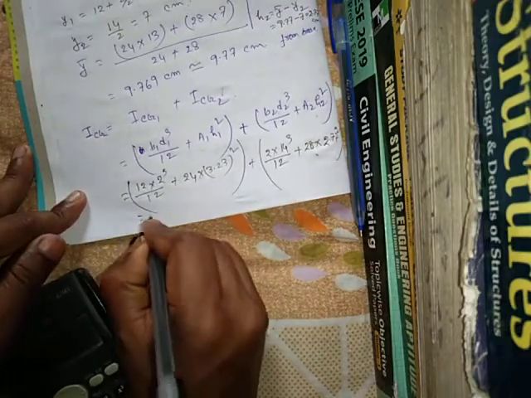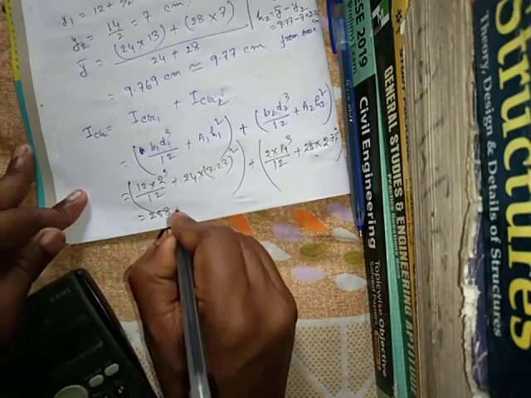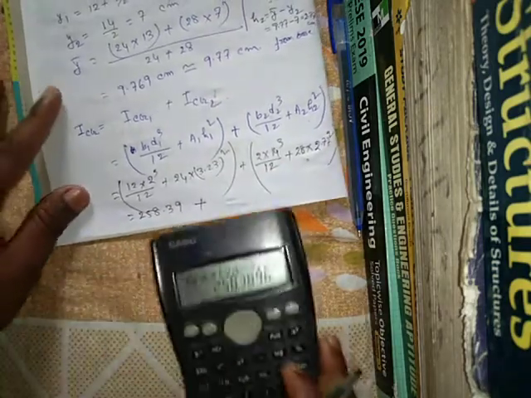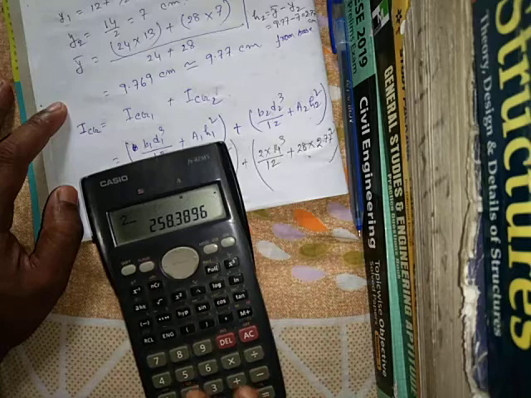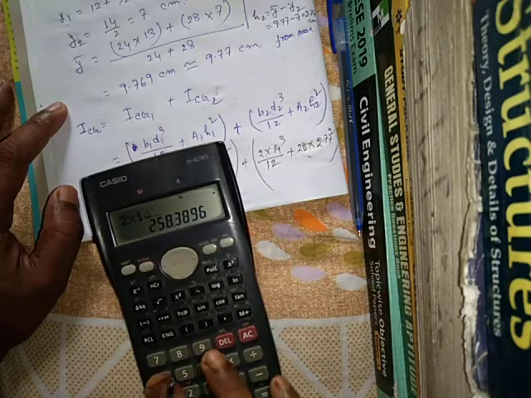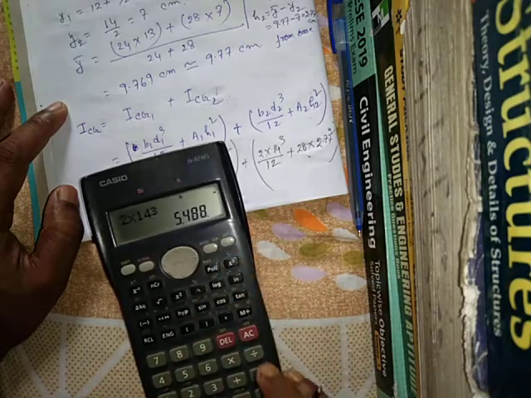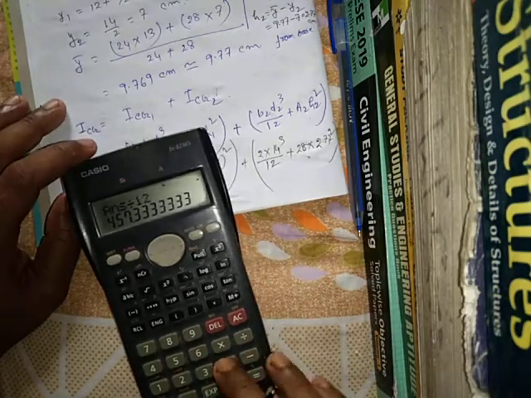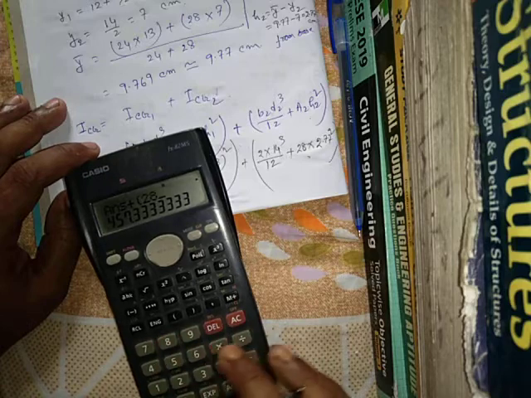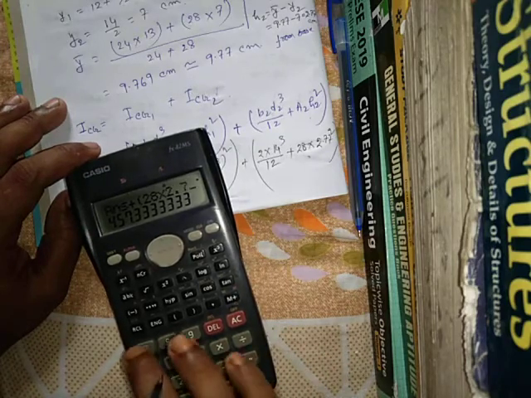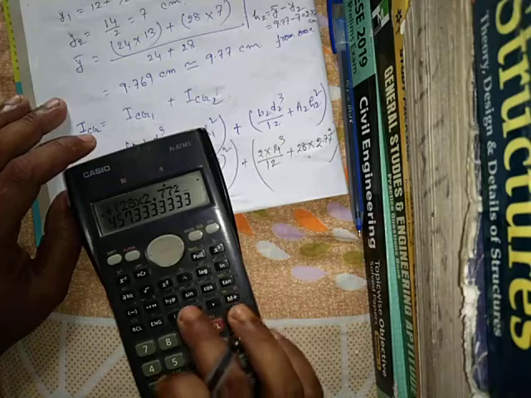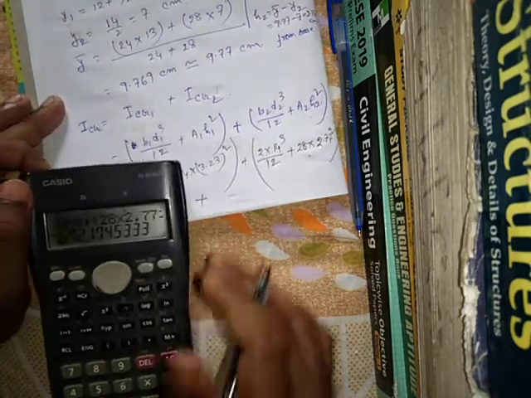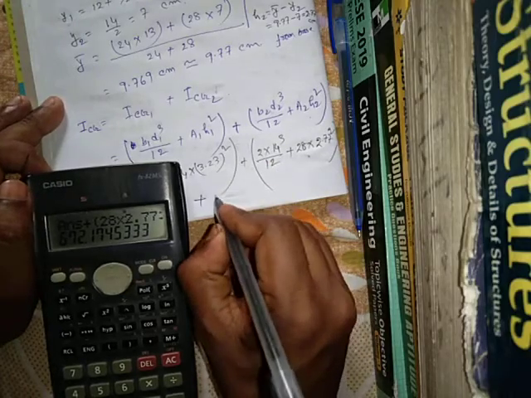Then calculate this portion: 2 into 14 cube divided by 12 plus 28 into 2.77 square, which is equal to 672.17.